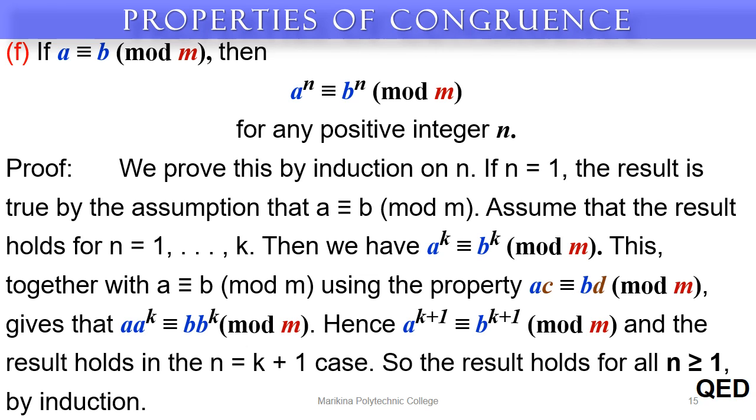Hence, by the multiplication rule of exponents, we have a raised to k plus 1 is congruent to b raised to k plus 1 modulo m, and the result holds in the n equals k plus 1 case. So the result holds for all n greater than or equal to 1, or for any positive integer n by induction.